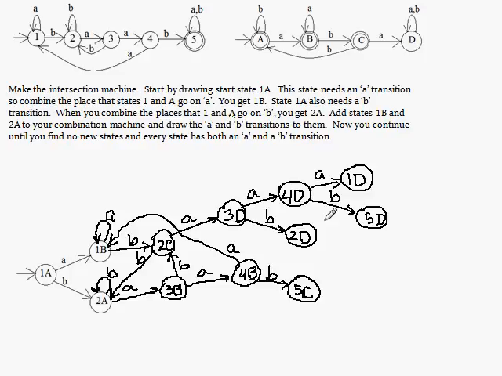Oh, me. 2D on the letter A goes to 3D. 3D, okay, good, I have that one. 2D on the letter B goes to 2D. Good. 5C on A goes to 5D. Alright, we have that one.